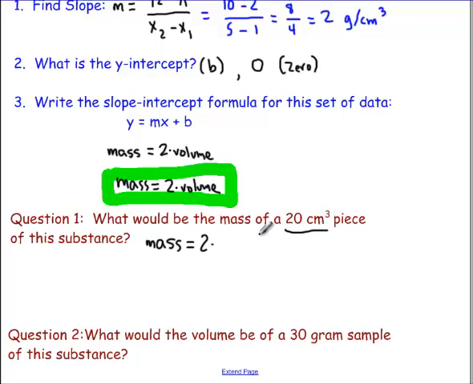This is the volume, in cubic centimeters. So we multiply that right there. I tried to pick some easy numbers, so the mass of this sample would be 2 times 20, which is 40 grams. You might want to pause the video so you can write that answer down in your notes because we will talk about it in class next time I see you.